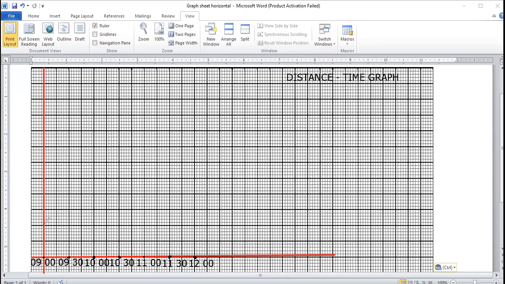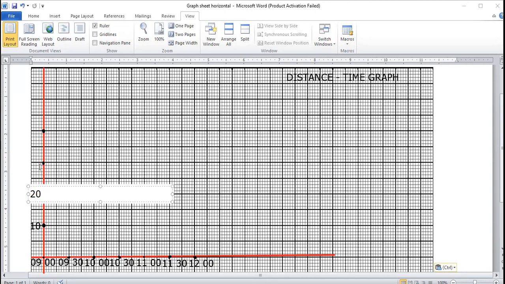Now for distance, for each 2 centimeters, I'm going to take them equal to 10 kilometers over here. Okay, I'm going to take it as 10 kilometers over here. 10, then 20.